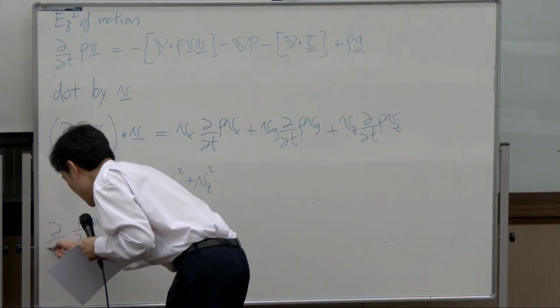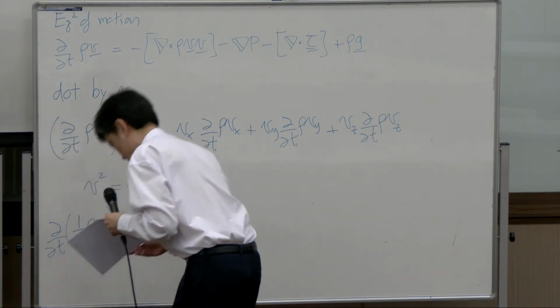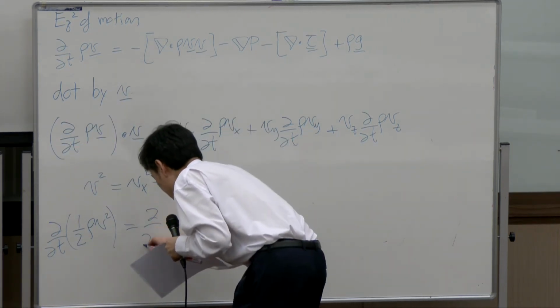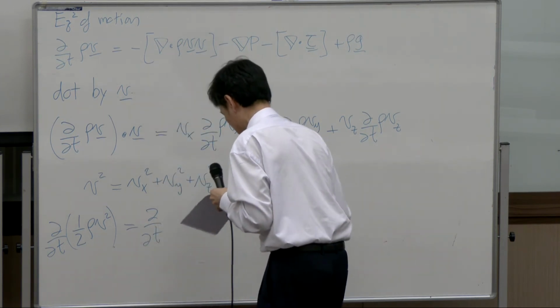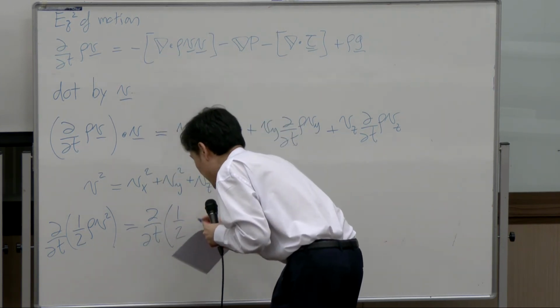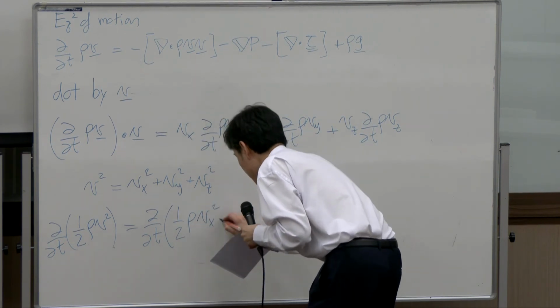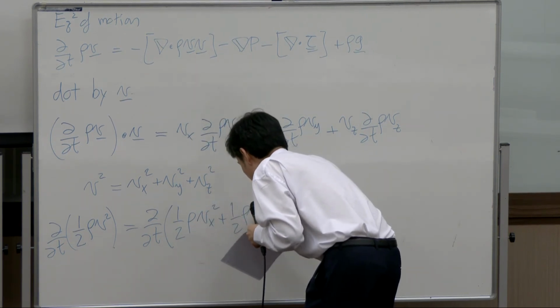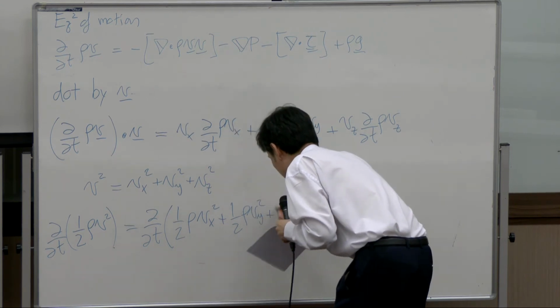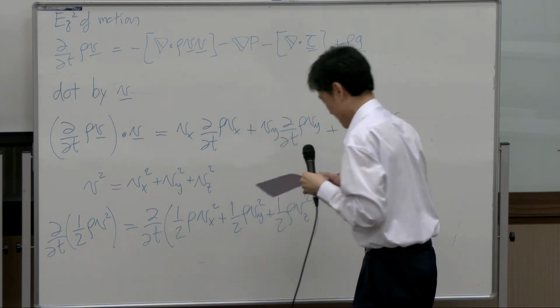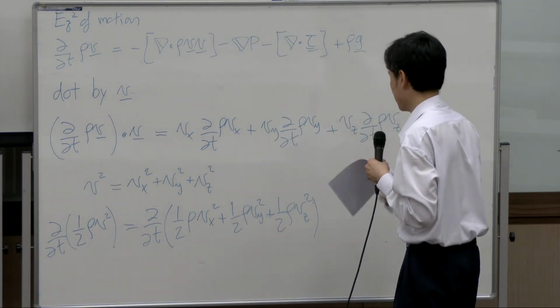And then if I differentiate with respect to time, inside that would be 1/2 rho vx squared, vy squared, and vz squared. Right?